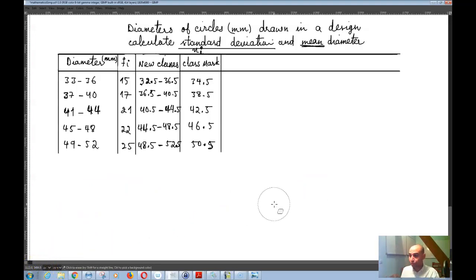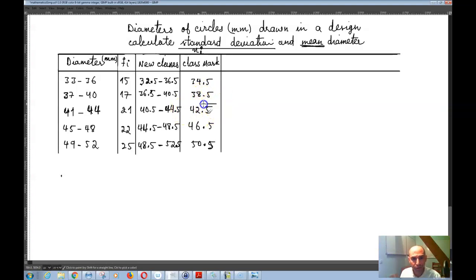So now, using the shortcut method, we had a couple of things. First of all, you need to take the assumed mean of the data. For example, I take the assumed mean as 42.5.